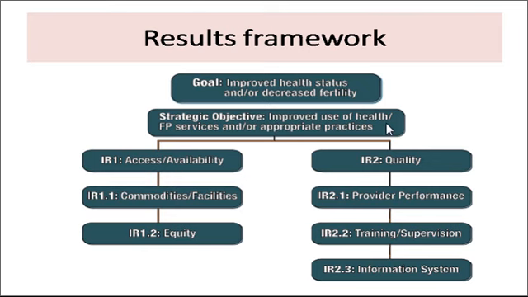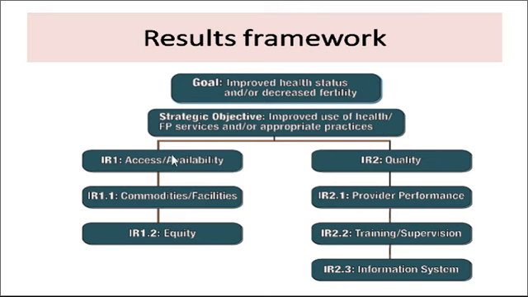So obviously improved use of health services or family planning services or whatever practices in the health sector that we are talking about. It might be vaccination or anything. So that is the strategic objective. So if we have improved use of these services, obviously in the long run it is going to lead to improved health status.